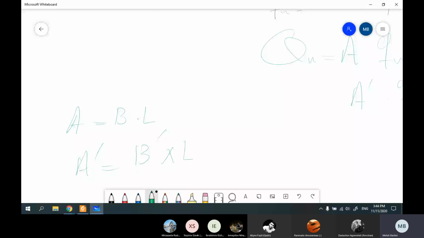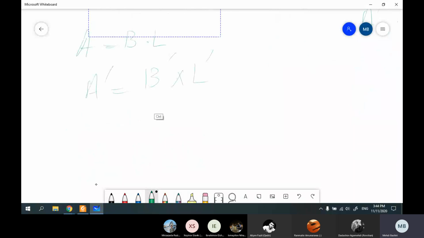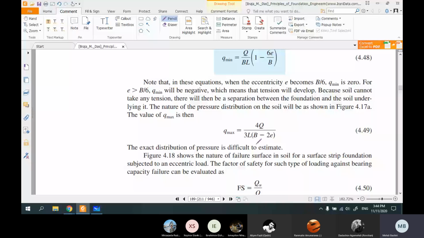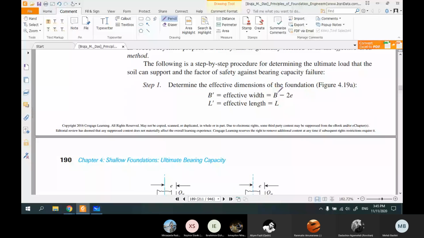What are L prime and B prime? Effective dimensions. How can we get them? Very easy. B prime is B minus 2e. When you have one-way eccentricity, L prime is L.